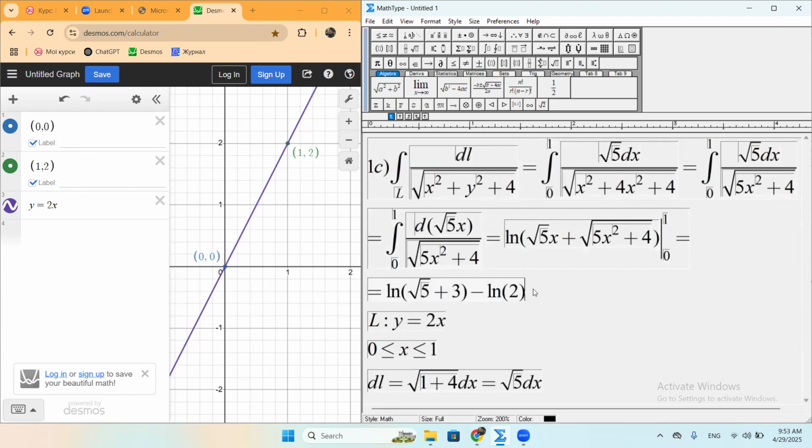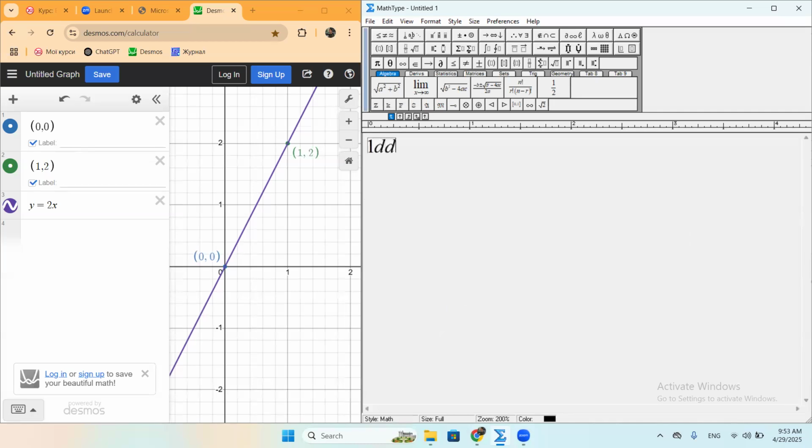Any questions about this exercise? Stop, here is a mistake. Sorry, no mistakes, everything is okay. So u and u squared. Okay, any questions? No questions, so let's move on to 1D.